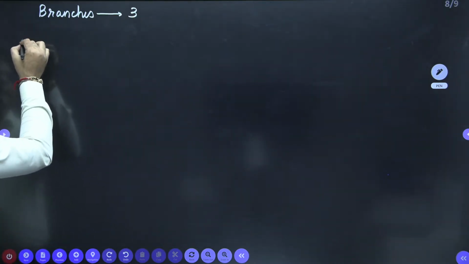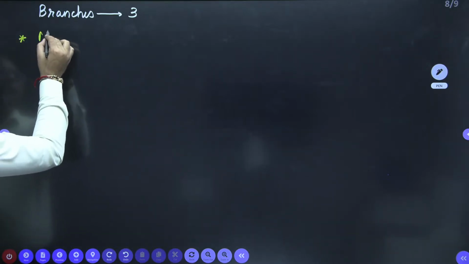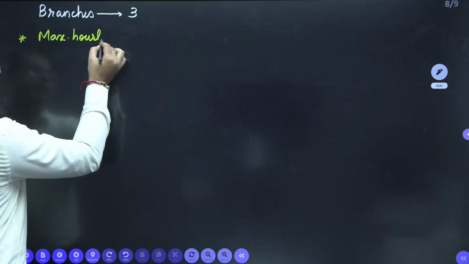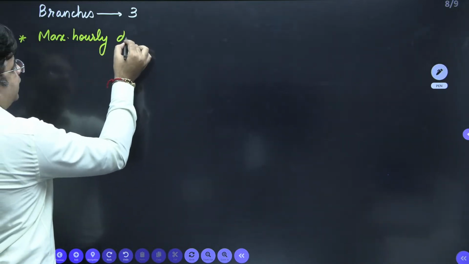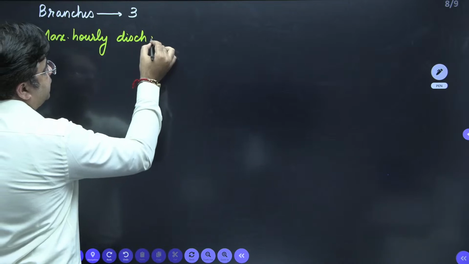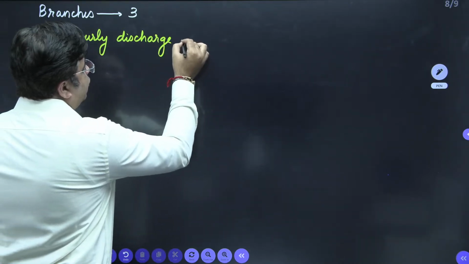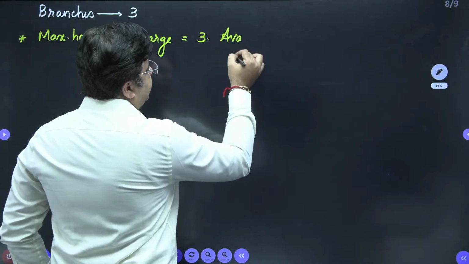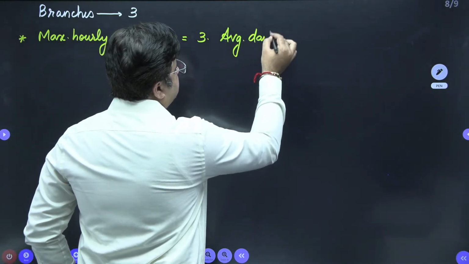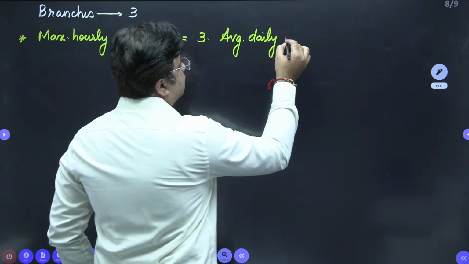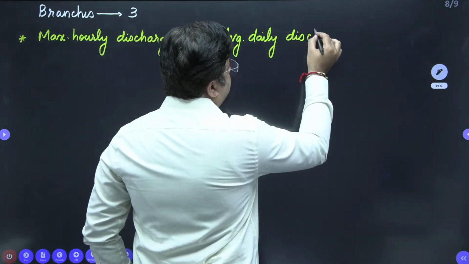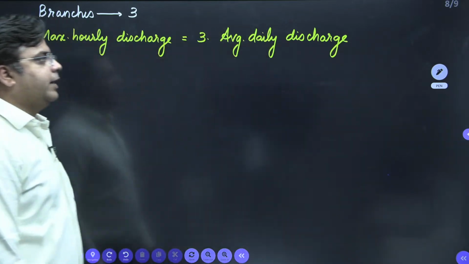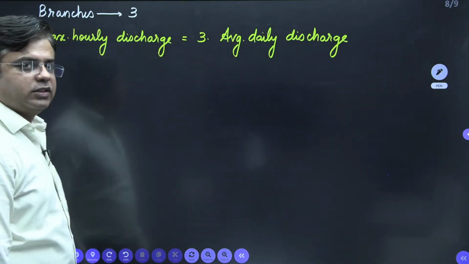It means that maximum hourly discharge in branch sewer is equal to 3 times of average daily discharge, right?